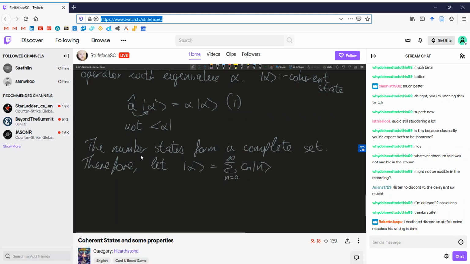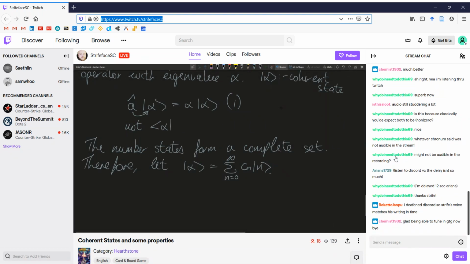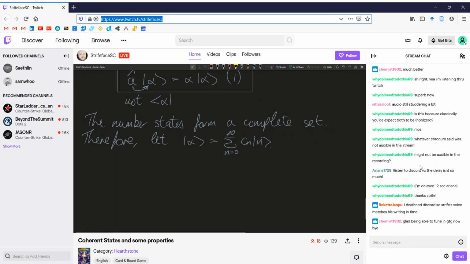Equation one is a very important equation. It's worth remembering. So we're just going to apply it: A acting on the sum to infinity equals alpha times the summation from n equals 0 to infinity of Cn, n. Summations are important.